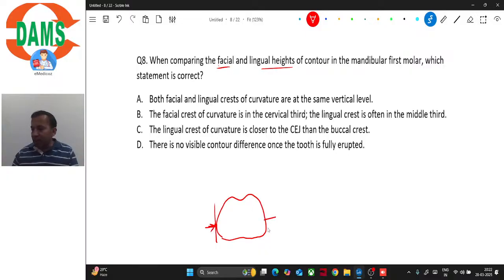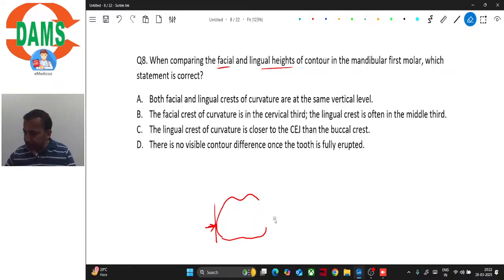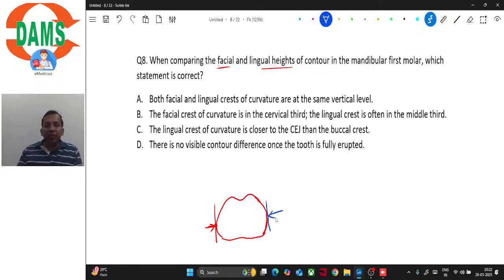Similarly, here I could not make it very clear, so let me make it a bit more clear. Right, so here again, this is the site of maximum convexity. So basically, height of contour is the site of maximum convexity at that particular surface.